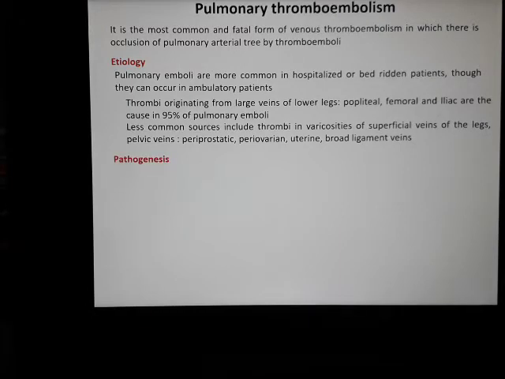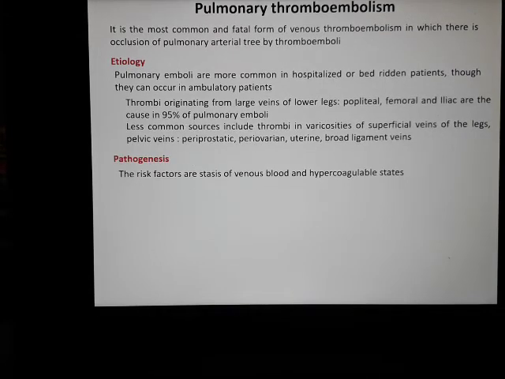Then what is the pathogenesis of this pulmonary thromboembolism? You know that the risk factors are stasis. I already told you that the pathogenesis in embolism is either stasis or turbulence.